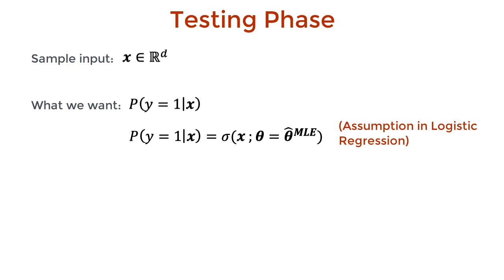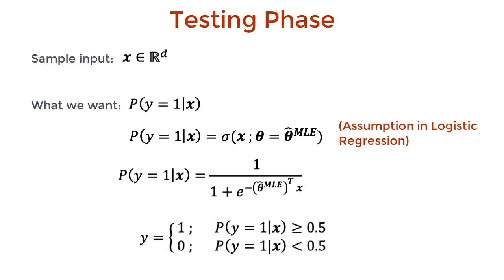We already determined the optimal values of the weights theta, so plopping in the values of x will give rise to the probability that y belongs to the positive class. If it's above a certain threshold, like 50%, the point is classified as positive. Otherwise, it's classified as a negative sample.